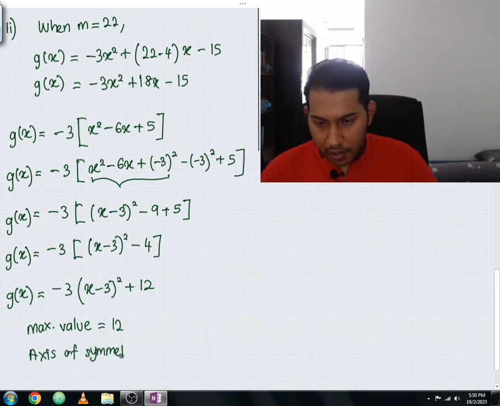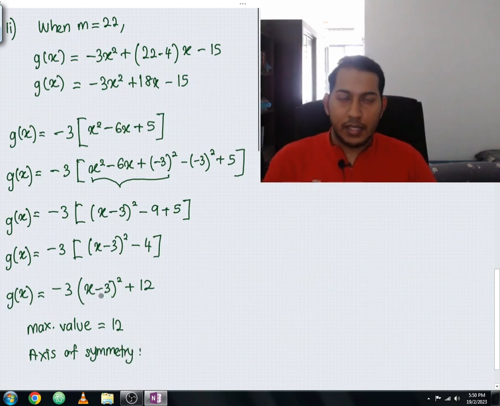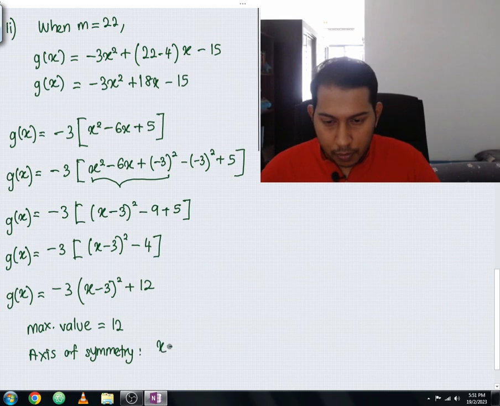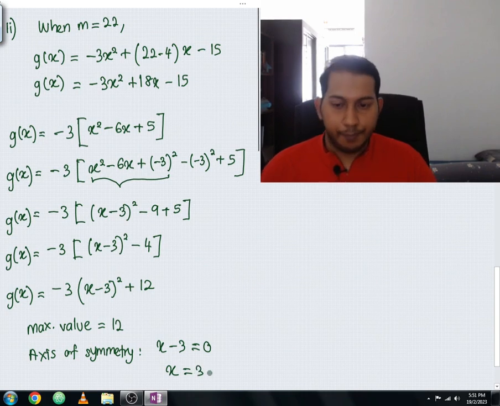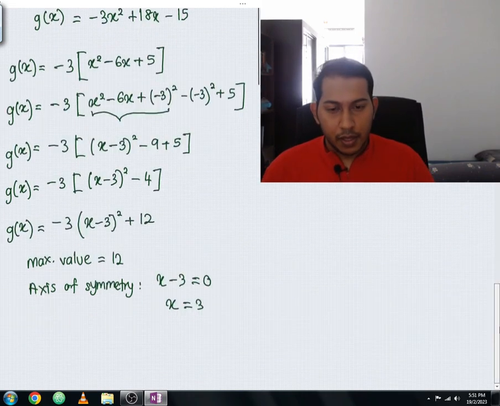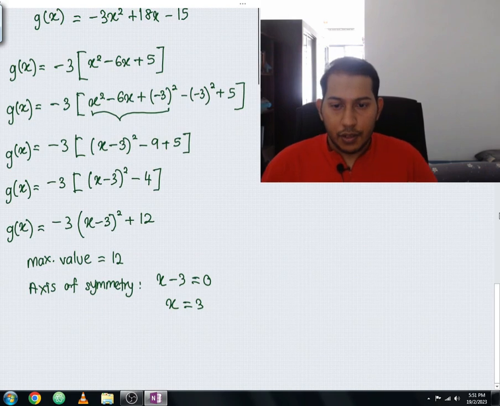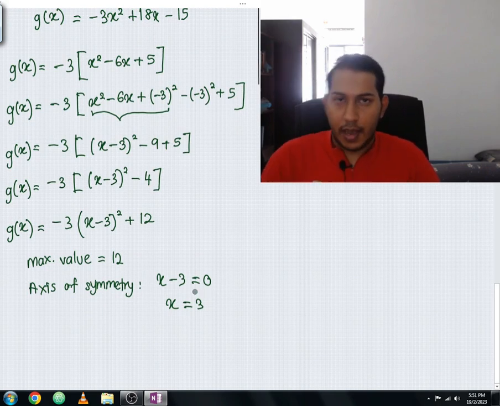Now the axis of symmetry. From here, x minus 3, we set it equal to 0. So x minus 3 equals 0, and you get x equals 3. For the maximum point, you just use the axis of symmetry as your x coordinate and the maximum value as your y coordinate.